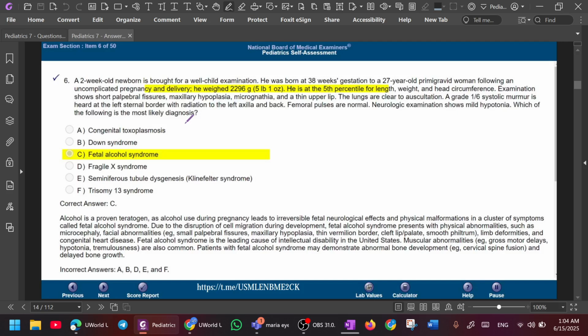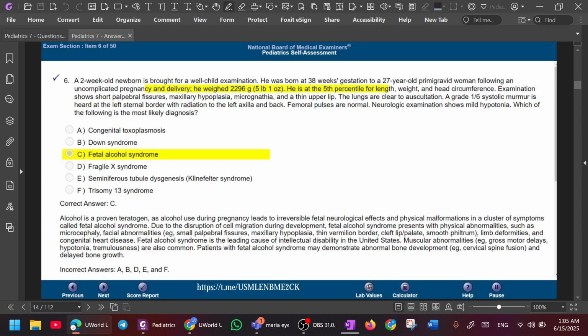Let me see. It's not fragile X, the X-linked dominant cause of inherited intellectual disability that presents with intellectual developmental disorder, an elongated face with prominent jaw, high arched palate, large ears, hyperextensible joints, and post-pubertal macroorchidism. This patient's jaw size is small and he does not demonstrate hyperextensible joints. Okay.